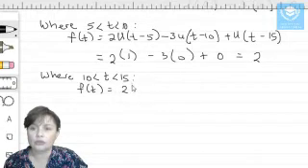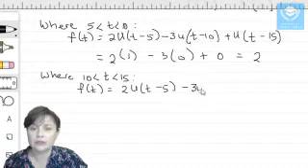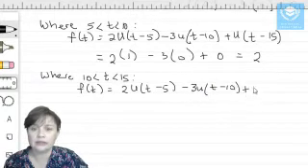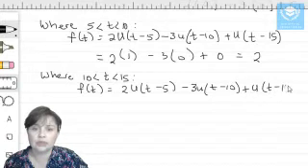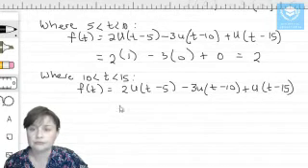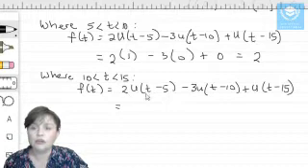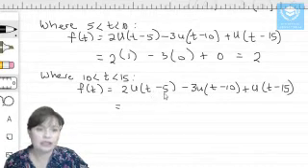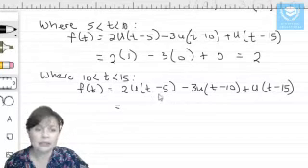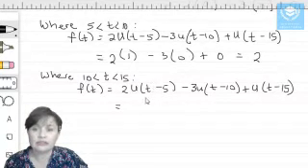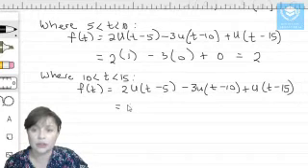You've got 2 u of t minus 5, 3 u of t minus 10, u of t minus 15. 2 times u of t minus 5: t in this case is bigger than 5, so when you compare to the definition of the u of t minus 5 function, you know that that's going to be 1.